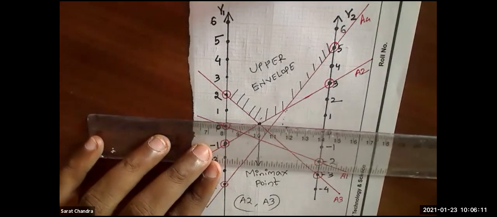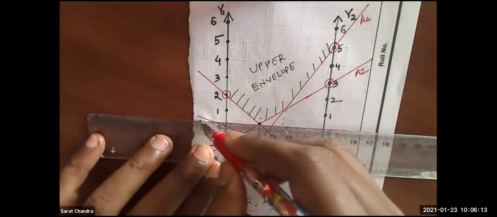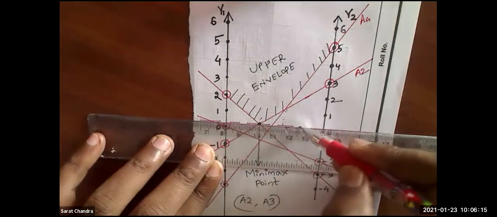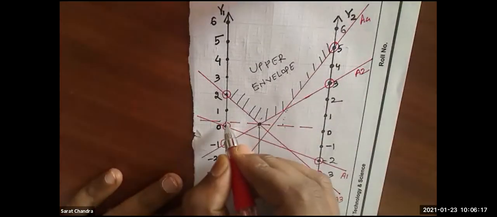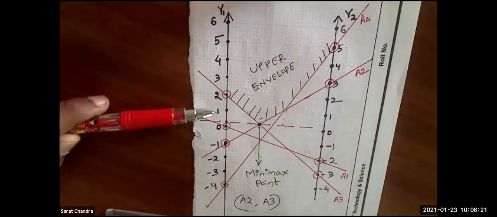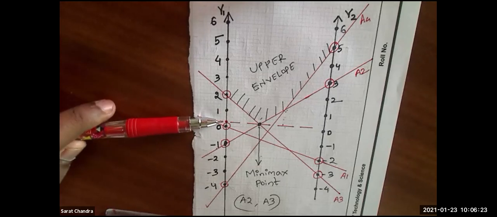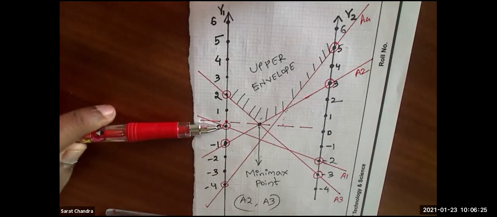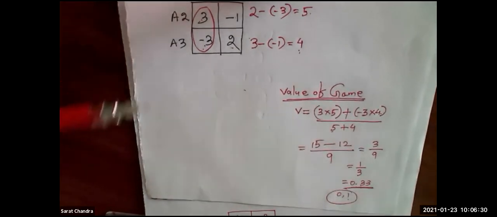Draw a parallel line and see at what point it is cutting. Here it is cutting, so this point is coming between 0 and 1, very close to 0. So 0.33 is our correct answer. Clear? This is the way to calculate the value of the game.